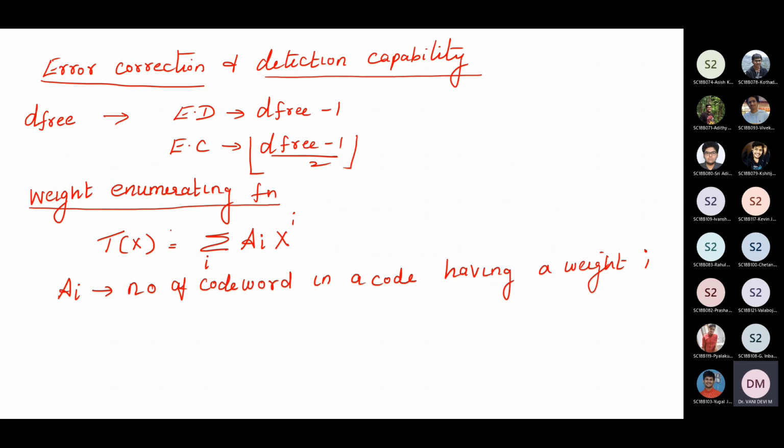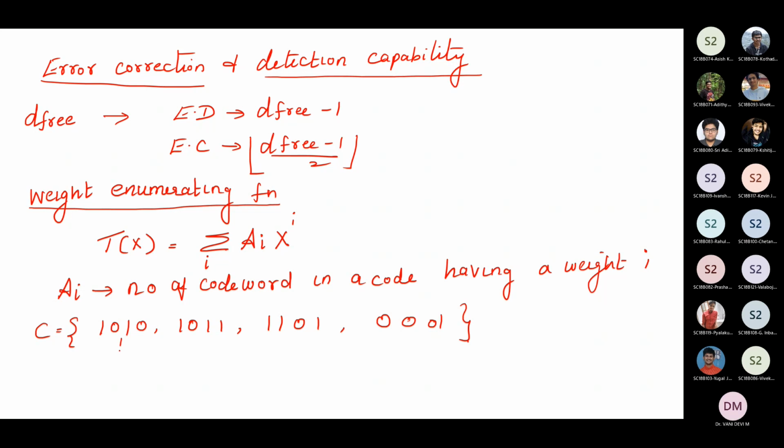So for example, you have code words, 4-bit. These are the code word examples. If you take it this way, the weight of this code word is 2. Here it is 3. Here it is 3. Here it is 1.